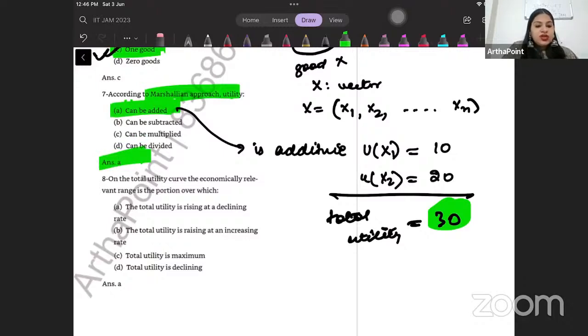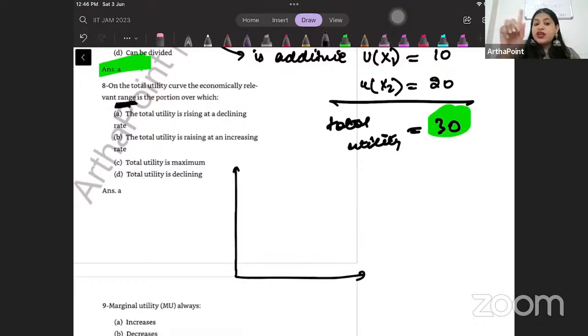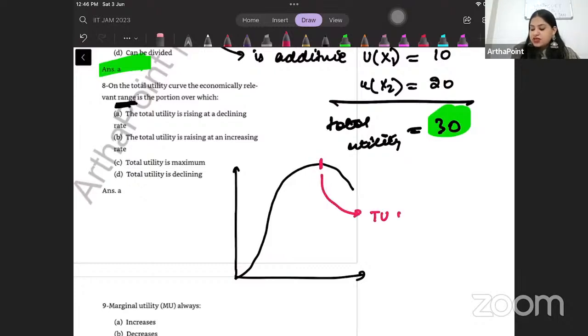Okay, beta, come to the next question. On the total utility curve, the economically relevant range is the portion over which. So beta ये देखो, ये रेंज पूछ रहा है, रेंज, पॉइंट नहीं. अगर पॉइंट पूछता, if it would have asked point, then it would have been where total utility is maximum. But ये वाला पॉइंट जो है बेटा यहां पर, this is the point where TU is maximum.